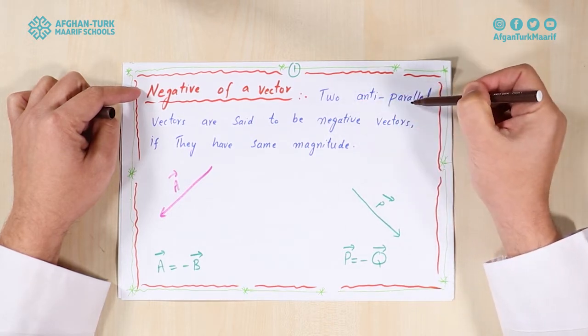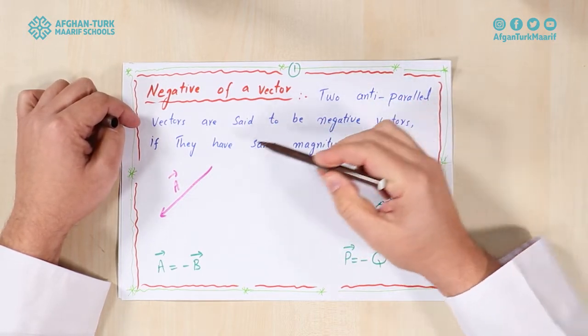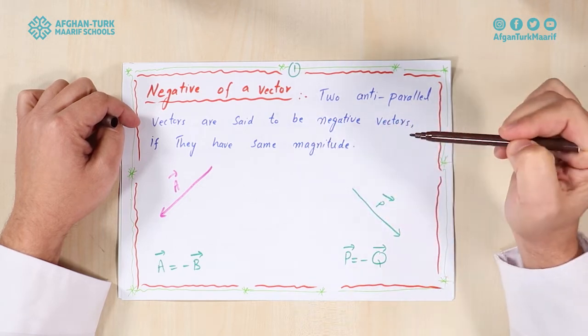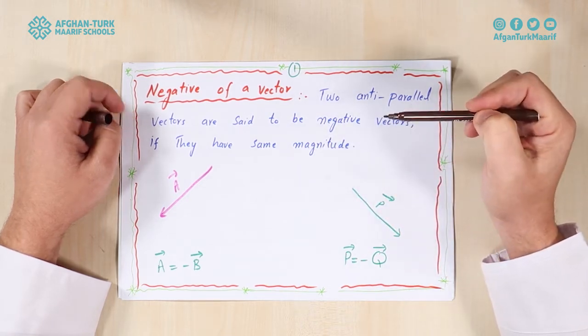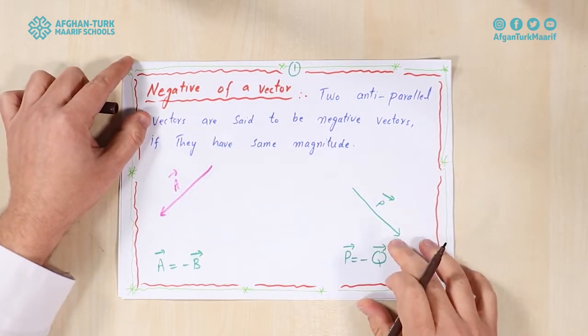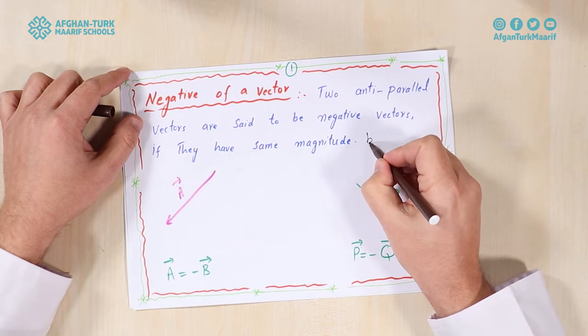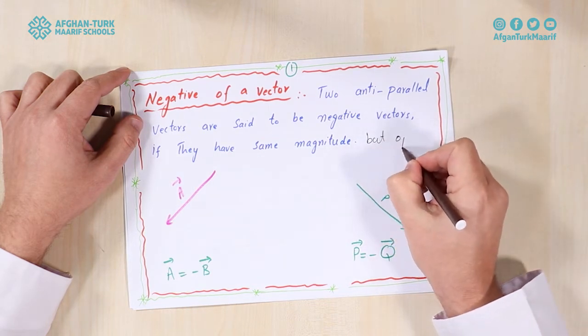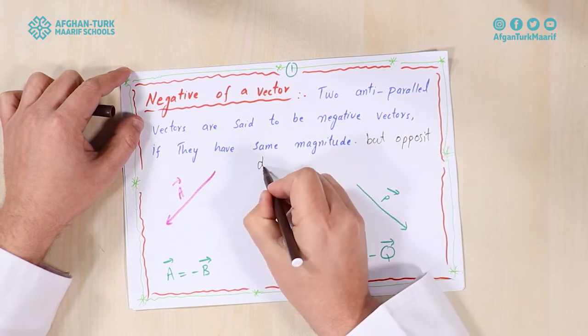Two anti-parallel vectors are said to be negative vectors if they have the same magnitude. So what is the meaning of this negative vector? Here, one thing I will add: same magnitude but opposite direction.